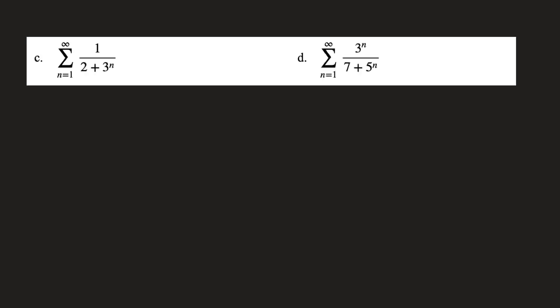Here is another example. In the previous example, we used the p-series. In this example, we're going to use the geometric series. So when you're using the comparison test, you have two options: p-series or geometric series. So let's see the first one, guys.